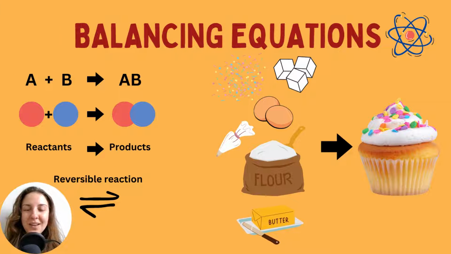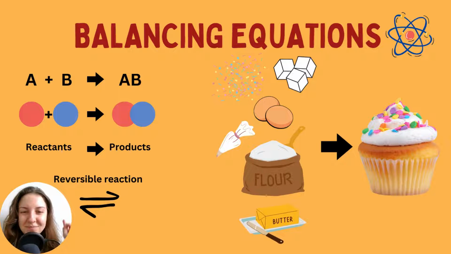Also, any of you who are cake lovers like myself, this is just a bit of a visual for you. If you have all the different ingredients for a cake, they combine together to make a new product. For example, flour, eggs, sugar, that kind of thing, all combine together chemically to form something new. We, in this case, can't reverse that reaction. This is a non-reversible reaction. We can't just break that cake down and get all the components again.